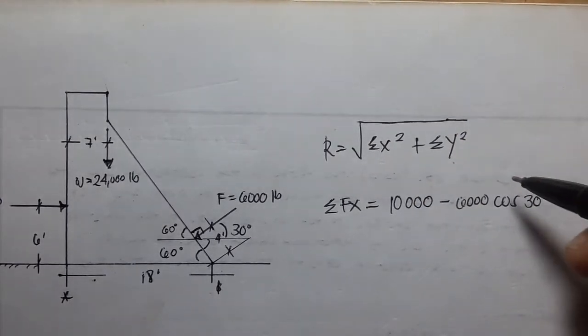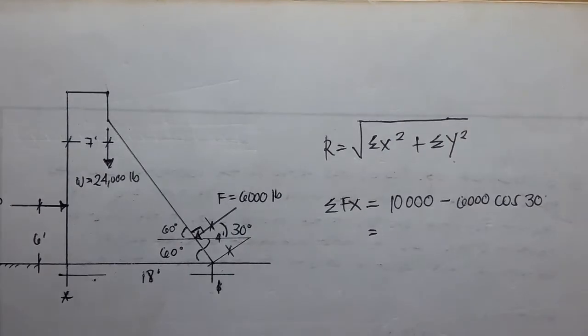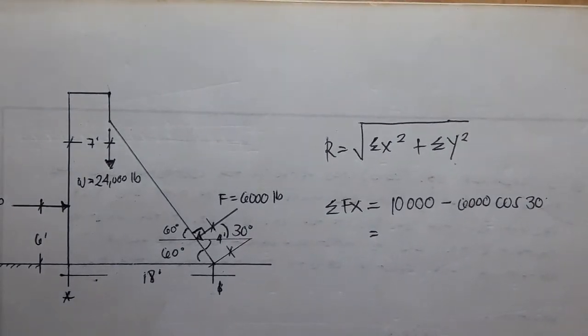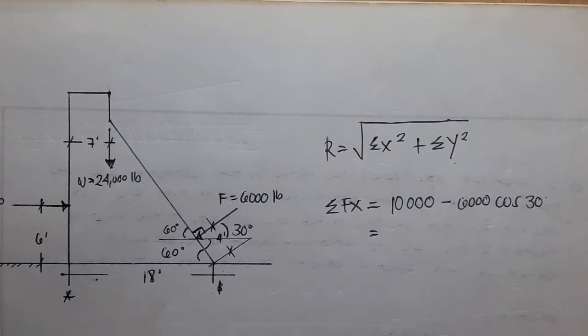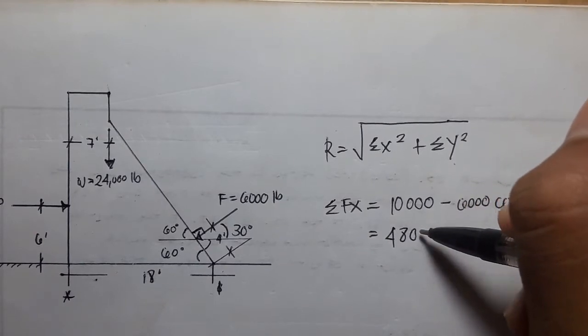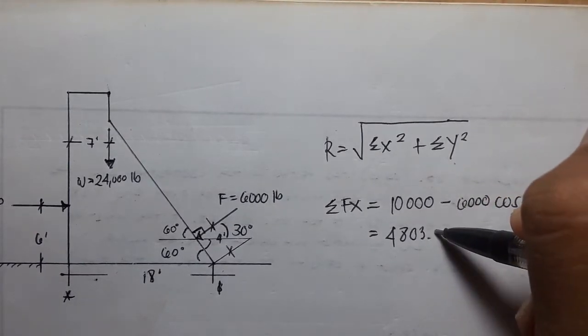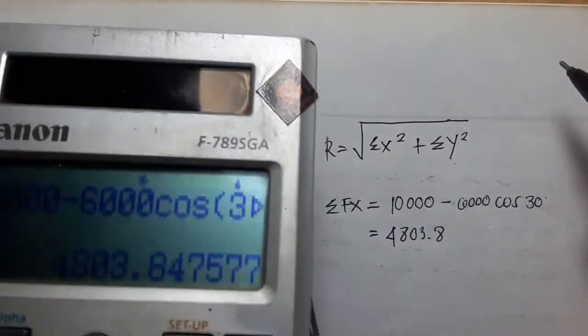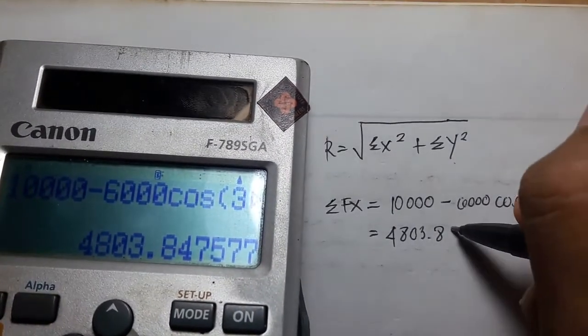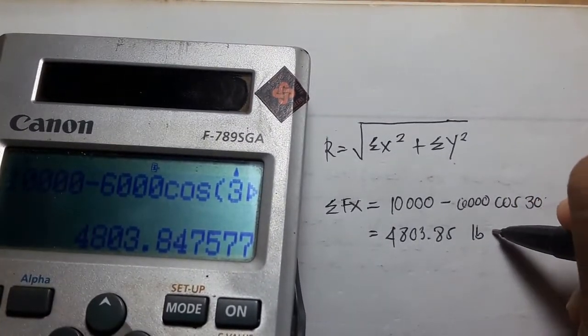So the summation of forces along x is 10,000 minus 6,000 cosine of 30, so we have 4803.85 pounds.